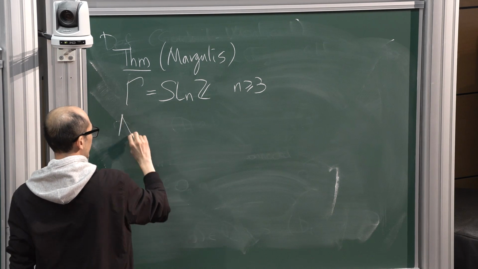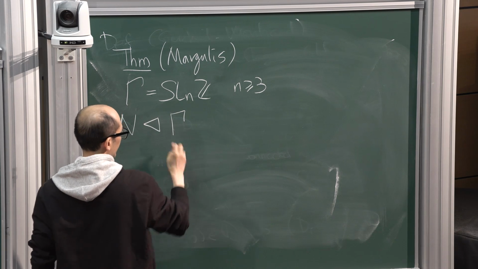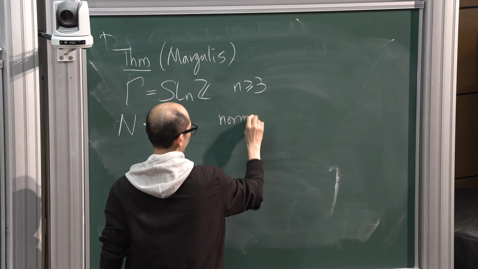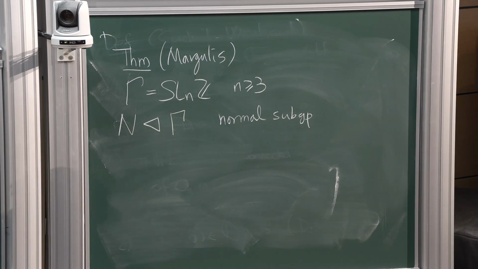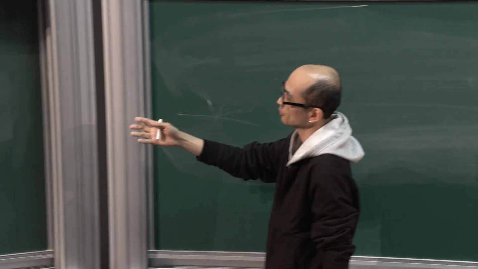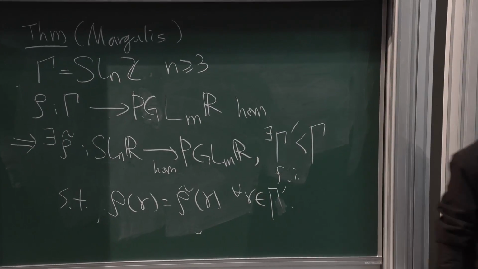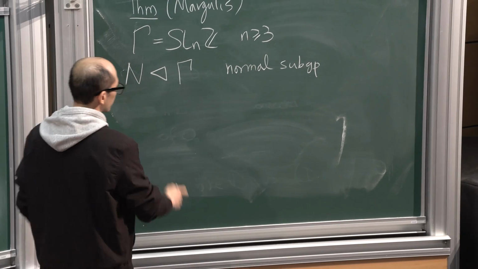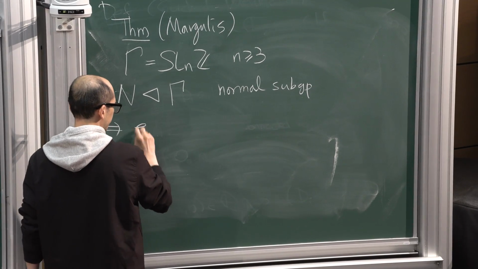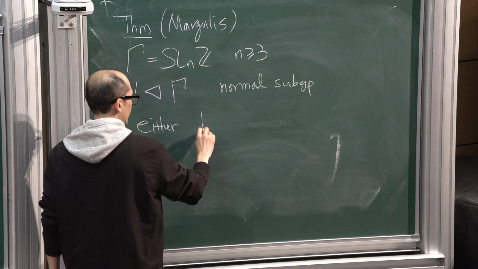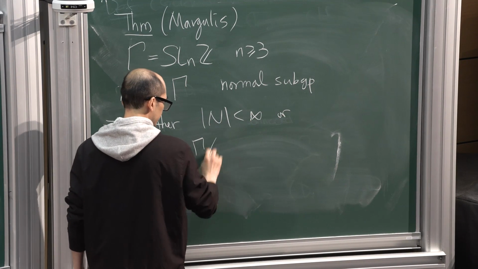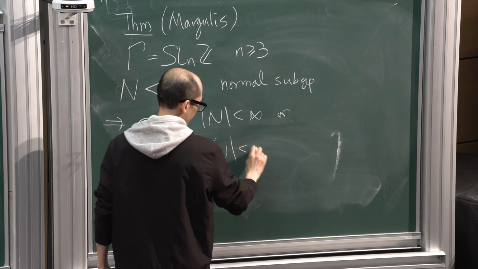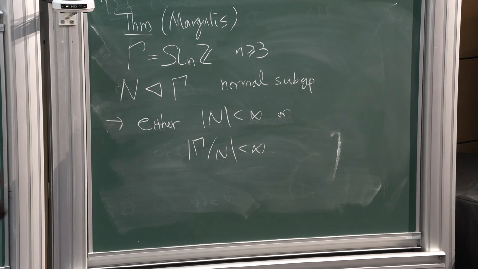And now if you have a normal subgroup N, the condition about the faithfulness of the homomorphism is about the normal subgroup, because it is about the kernel. So now if you have a normal subgroup, then either N is finite or it has finite index.